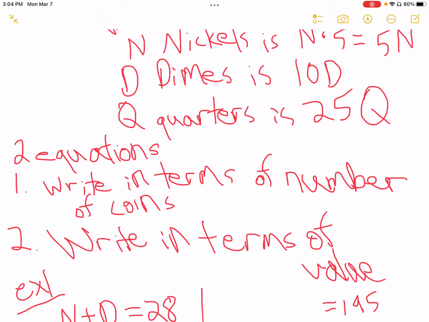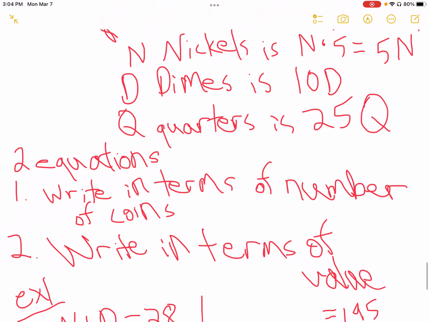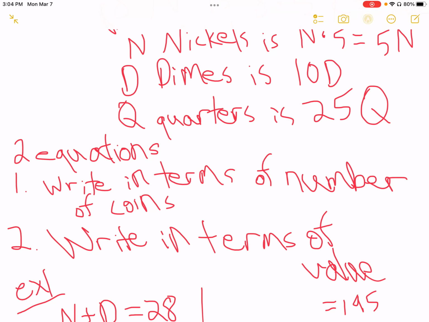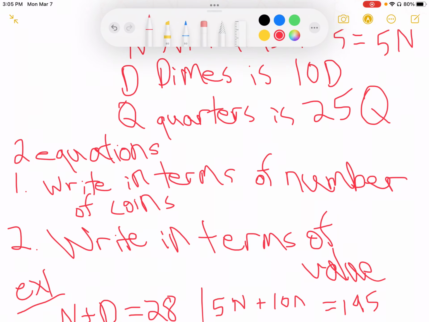We don't know our number yet, but we'll write it down: 5n. And for our dimes, it's just 10 times dimes, because they're twice as valuable as a nickel. So I'd write 10d.